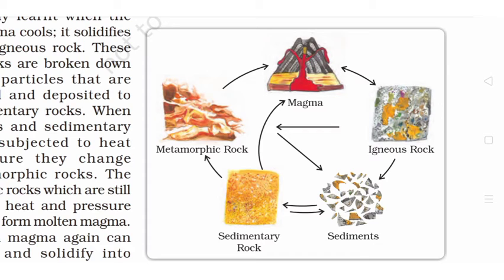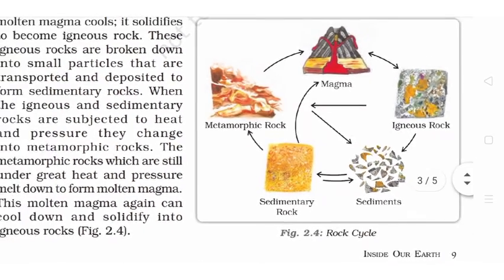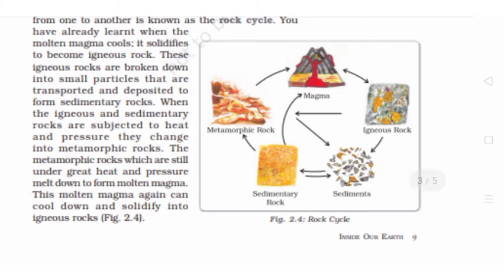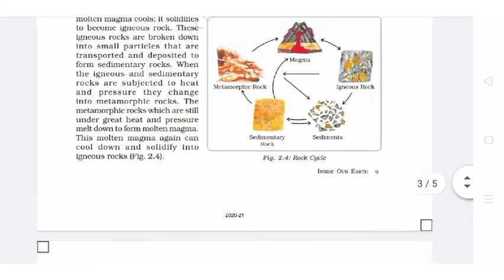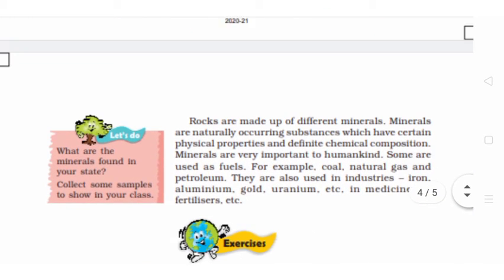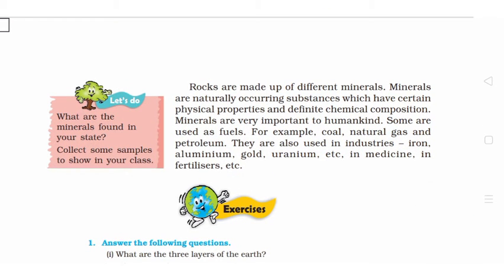And sometimes magma makes igneous rock, and igneous makes metamorphic. So it is a big cycle. Anything can make anything. Igneous can also make magma, and sedimentary rock can also make magma if kept under very high pressure.